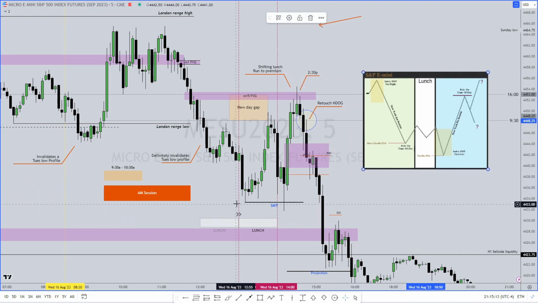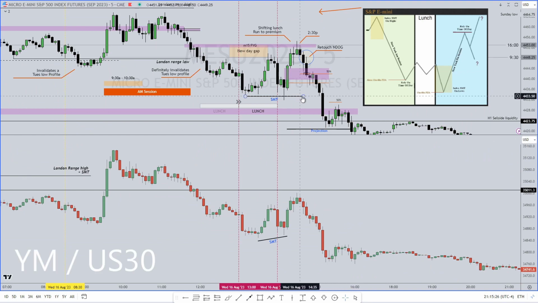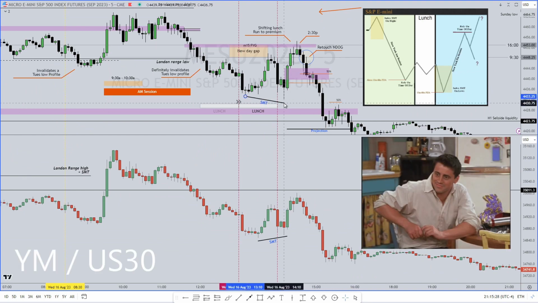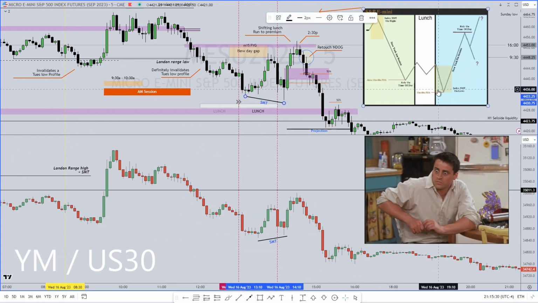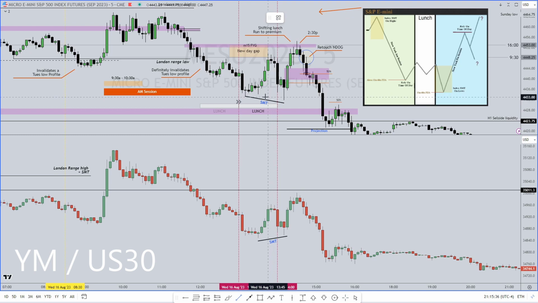Now I'm proposing that this is no longer the lunch, but this is the lunch, and the SMT would be evident if this were true. So here's our SMT on the lows coming out of lunch, SMT on the lows coming out of lunch. Now I'm saying that this is the new lunch hour.